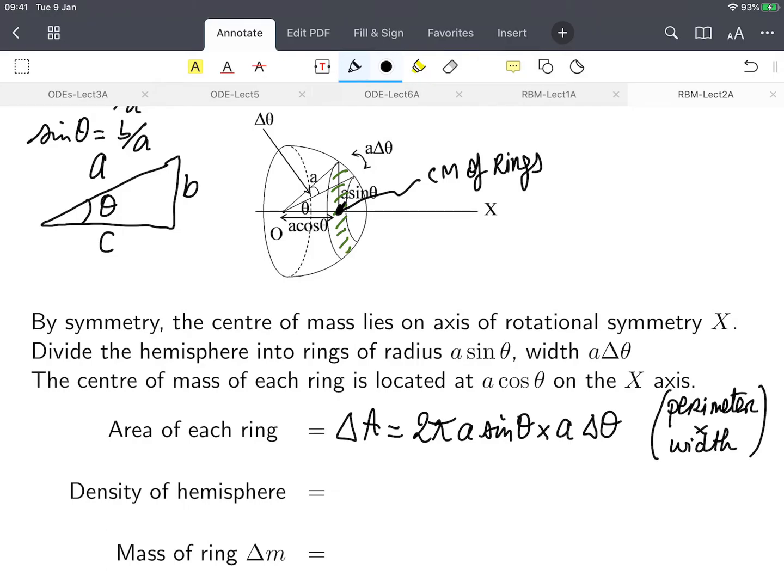Okay, I'll just go slowly. The density, that's the mass divided by the area, because this is a 2D object.